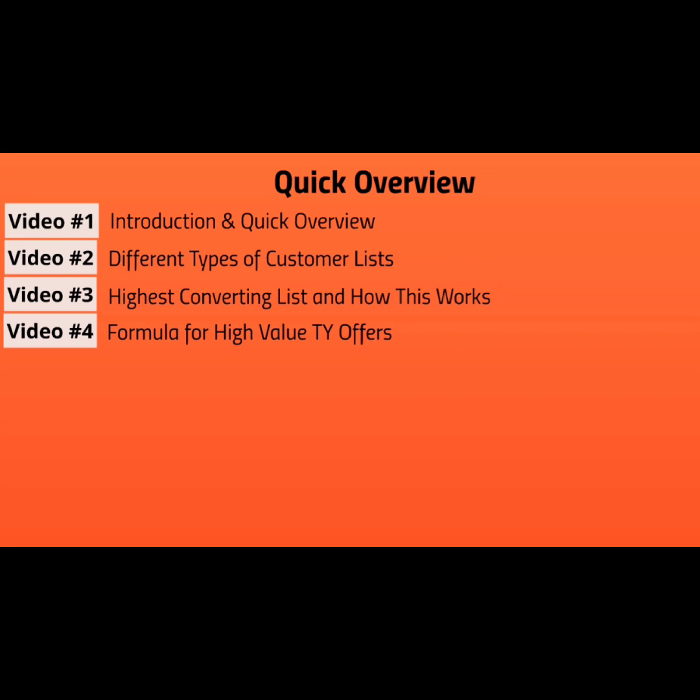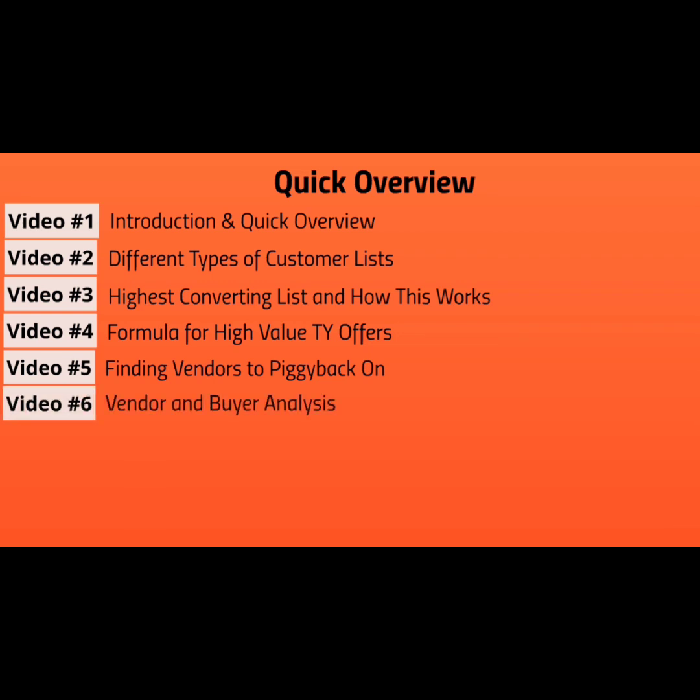And of course, in video number 4, we're going to talk about the formula for the high value thank you offers, which fits into the overall formula. In video number 5, we're going to talk about finding vendors to piggyback on. Video number 6, we're going to talk about vendor and buyer analysis. Number 7, we're going to talk about creating quality thank you offers.